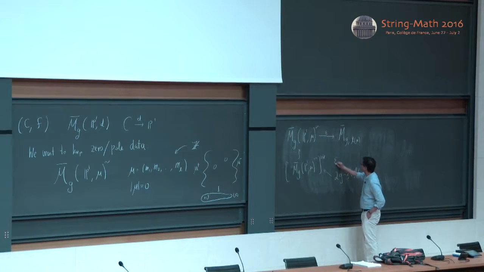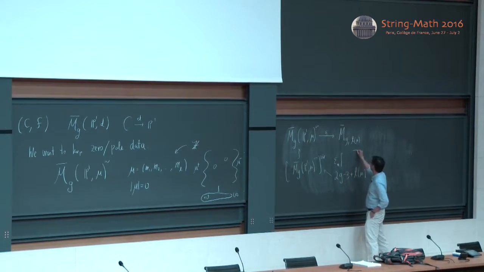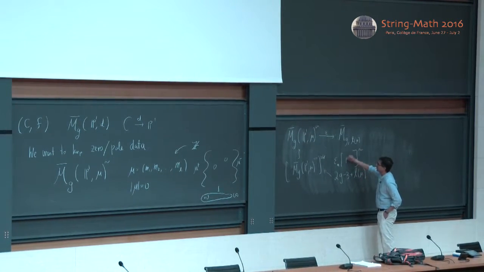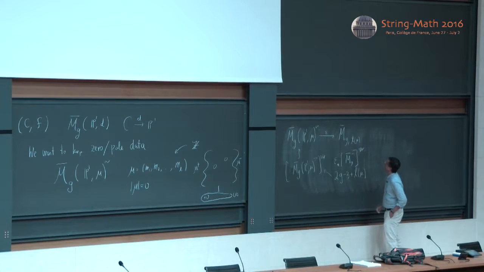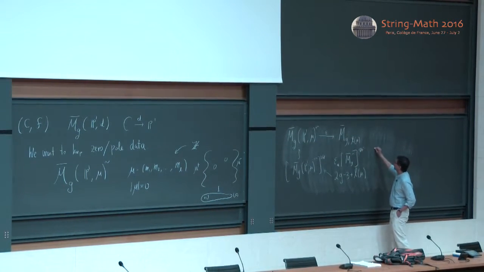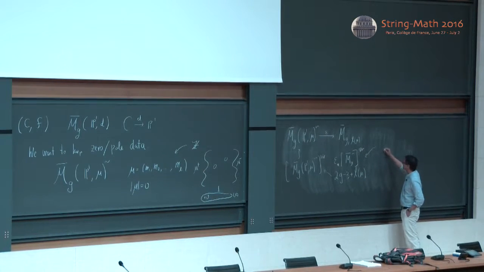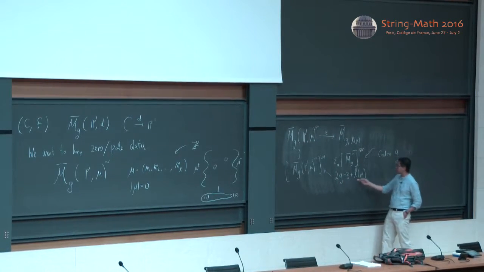So this is the push forward of that virtual class. This gives me a cycle class in the moduli space of curves, and the cycle class is of codimension exactly g, because the moduli space of curves has dimension exactly g more than that.